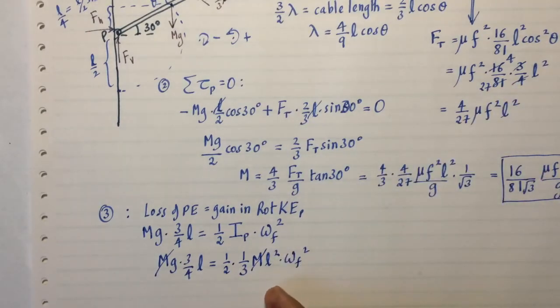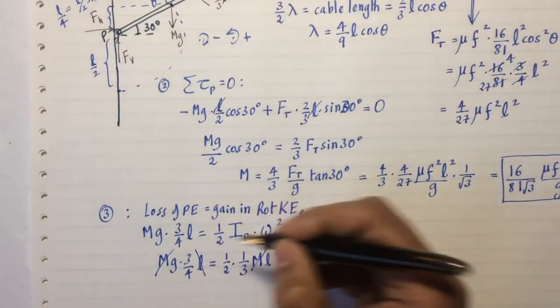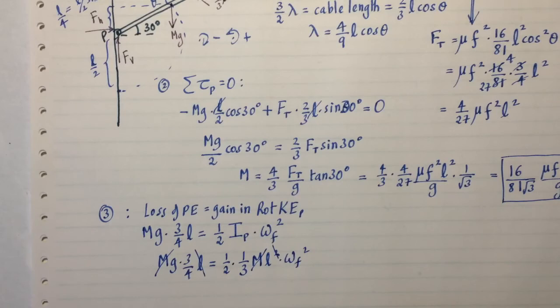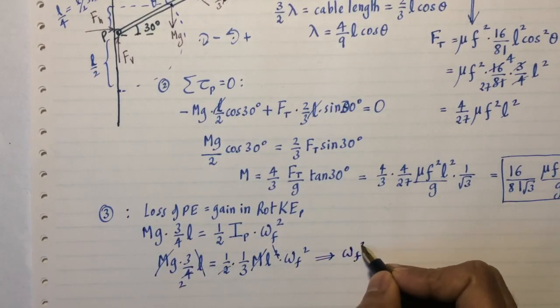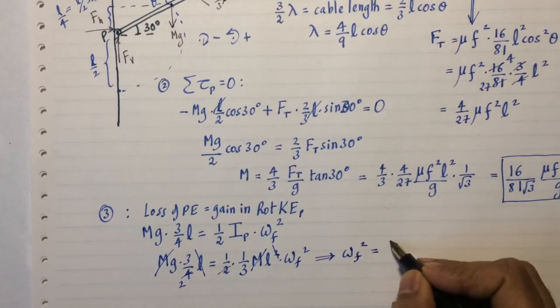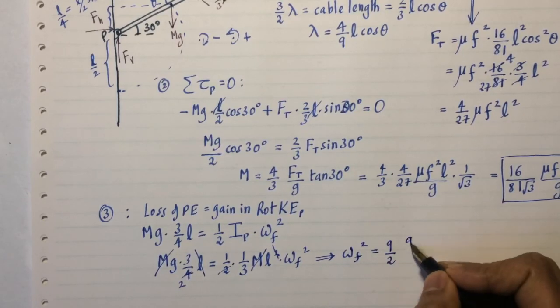You could have found this without even finding the mass of the rod. So I have that. Oh, I can take this 2. And then I have 9 over 2. So omega f squared equals 9 over 2 g over L.